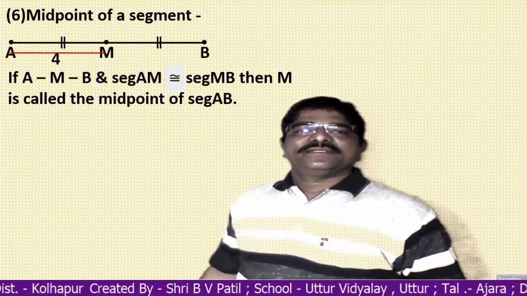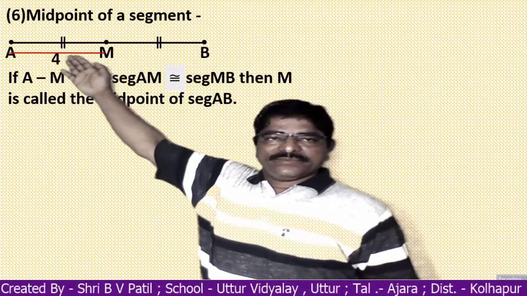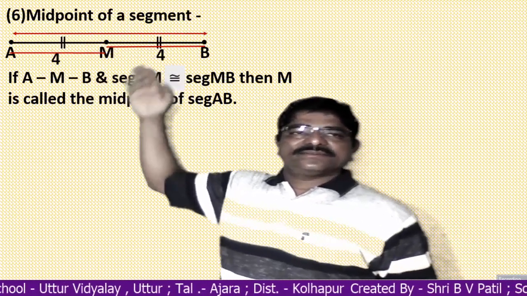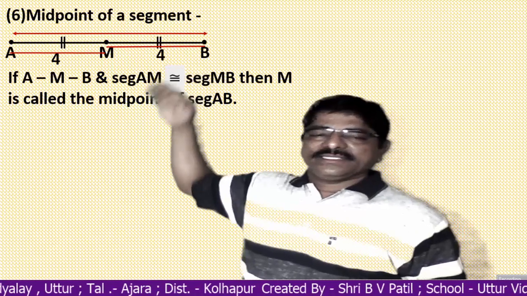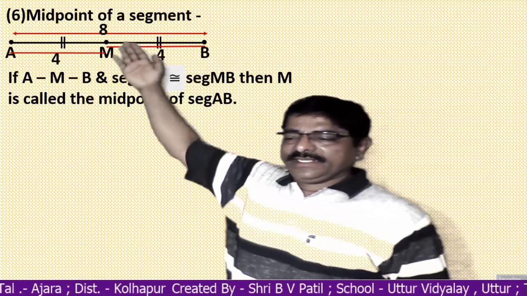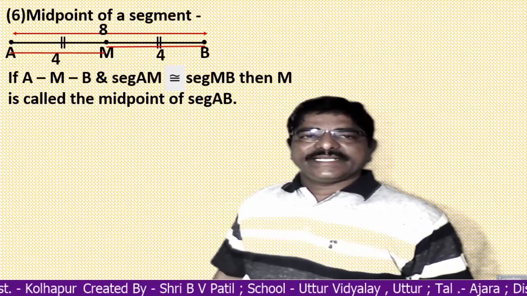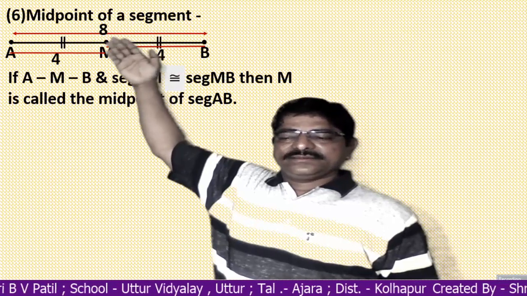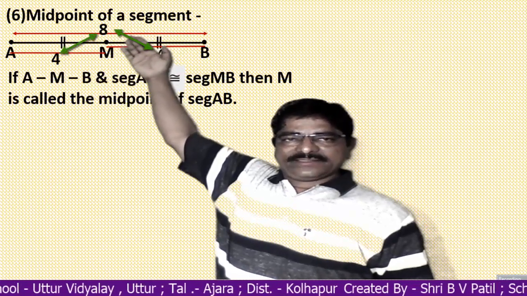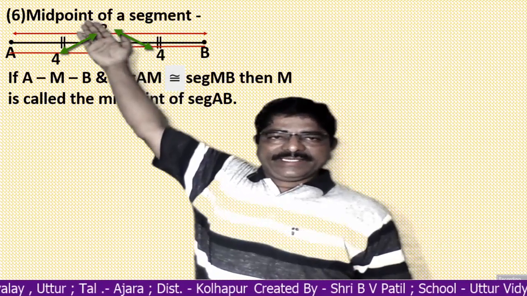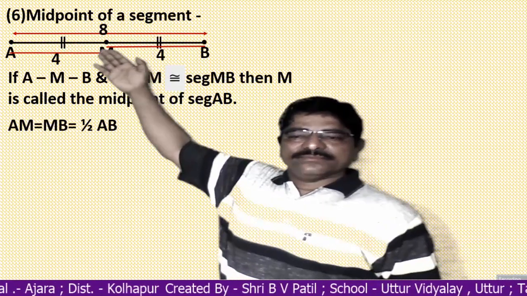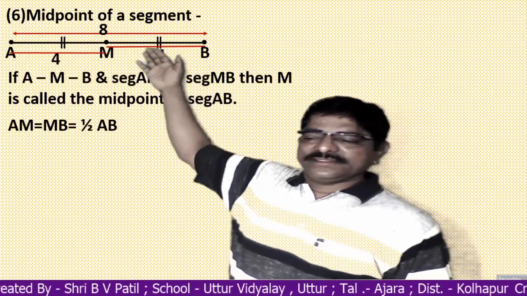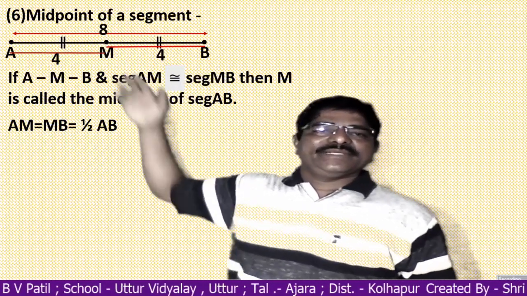Here suppose the length of AM is 4 and the length of MB is 4, then the total distance from A to B becomes 8. Then we say 4 is half of 8, means segments AM and MB are equal, and each distance is half of AB.